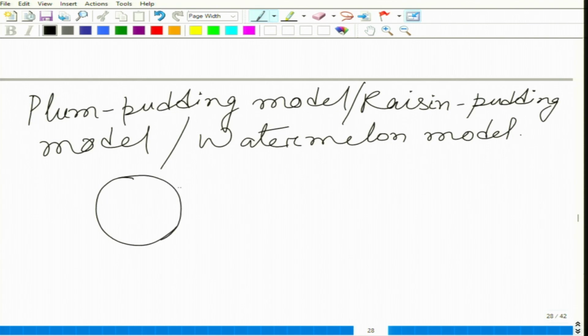If this is the sphere, these are the negatively charged electrons inside, and it is the uniform positively charged cloud.